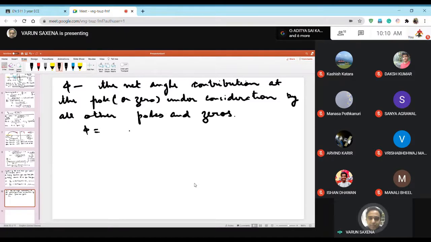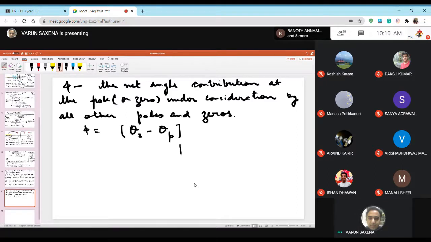So you will just say that it is all theta zeros minus all theta poles which are other than those at which you're evaluating the angle of departure or arrival. So let's take a small example. In our case only, we'll consider only our case that we have just covered so far.